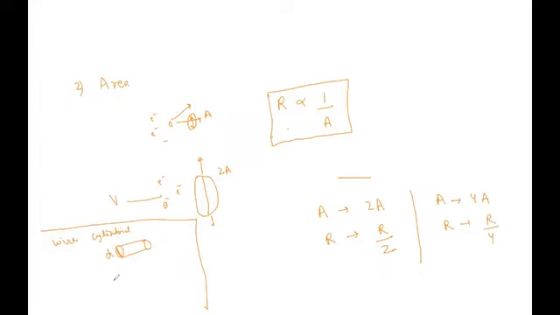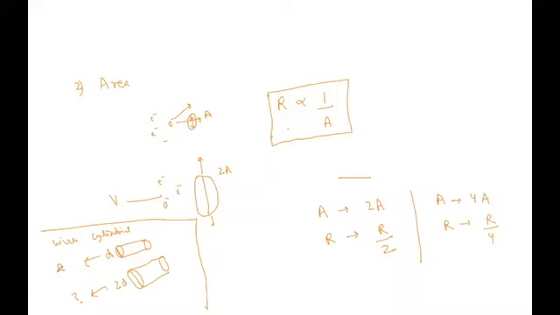If I increase this diameter, that is, if I go to 2d, for d, let's say I have a resistance R. Now the question is, what if I double the diameter? What will be the resistance in terms of R?